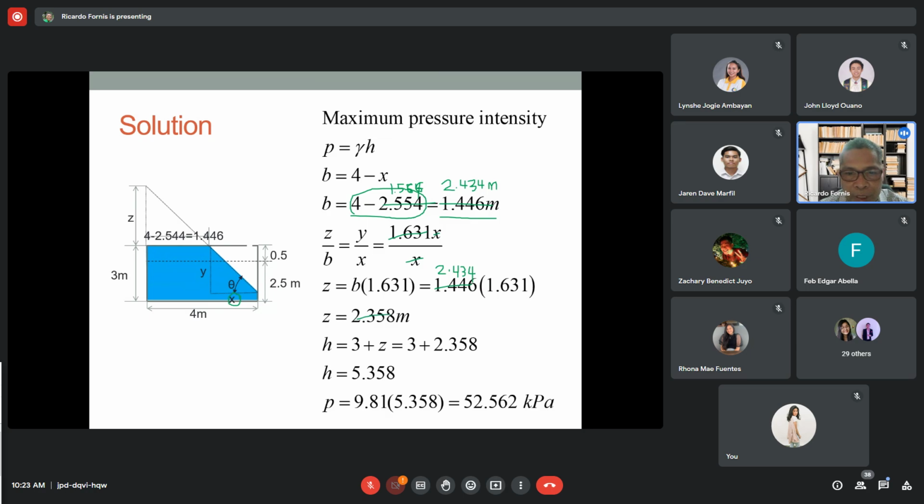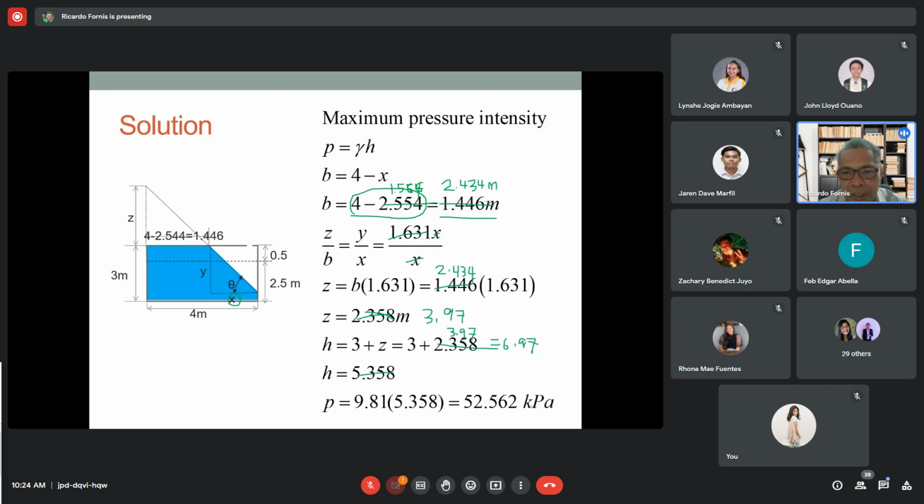So this one is not correct. The correct value should be 1.631, then times 2.434, and the answer is 3.97. Okay, we round it off. So this will become 3.97, and the total will now become 6.97.